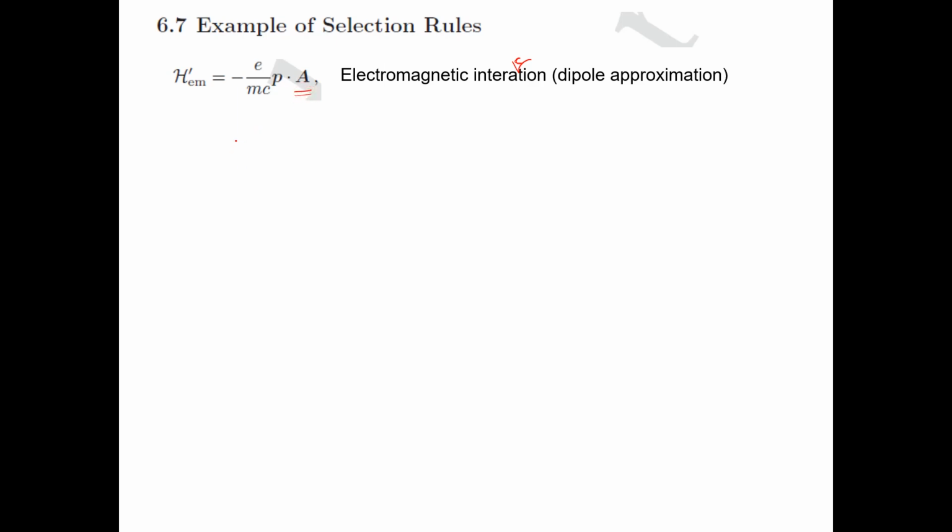So this quantity will transform like a vector, like the P vector, which has 3 coordinates, Px, Py, Pz. And this quantity transforms like any vector x, y, z.